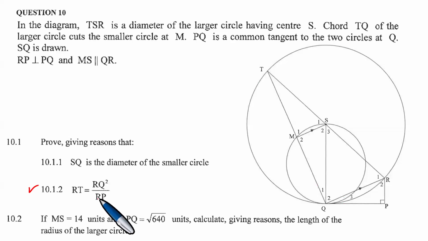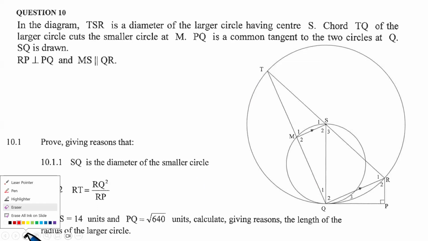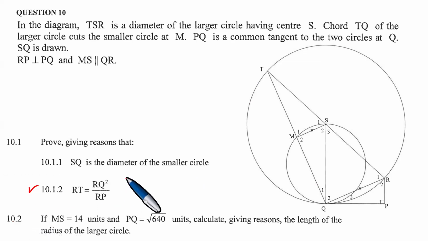To play around with this, we can perform some division here. So we can look at these as RT is equal to RQ squared. Let me write a bit clearly here. I need to break these down, because to prove these things in geometry, you need to be in a position to find the triangles in which to prove similarity.